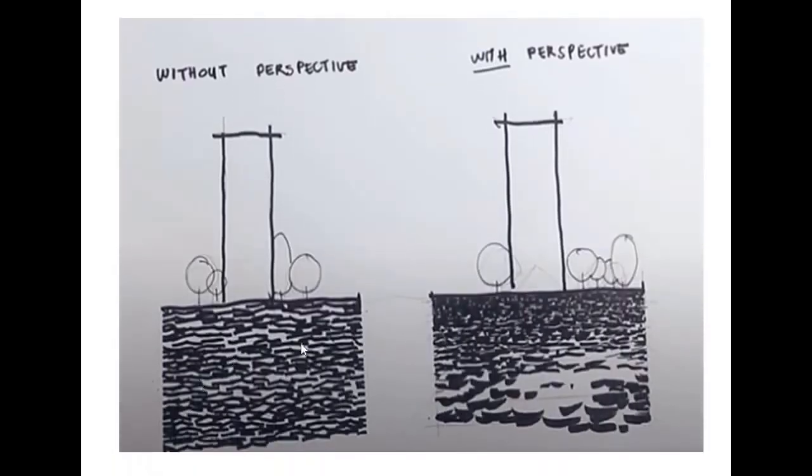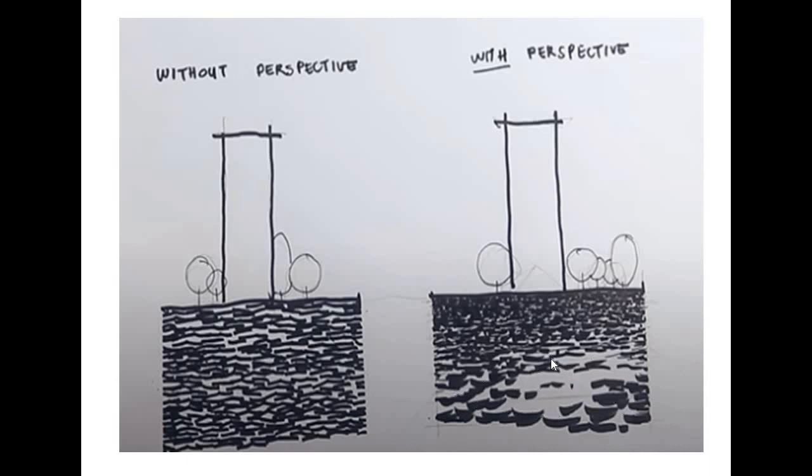This is without perspective and this is with perspective. So what is the difference? See here the waves. The waves are evenly distributed. Can you see? And in this, at the start they are very close to each other. Then slowly they disperse and there is a lot of gap between the waves.